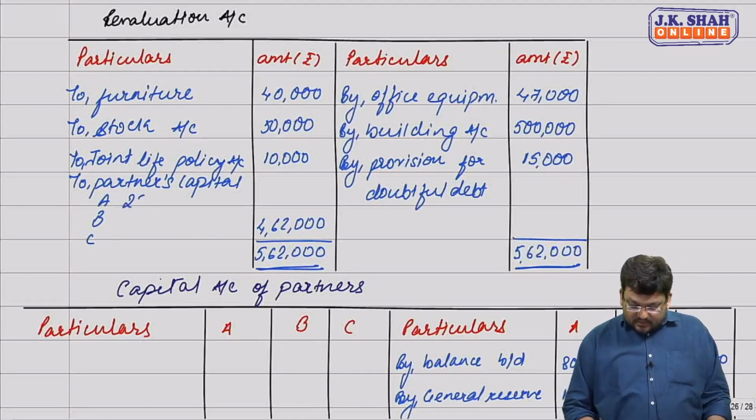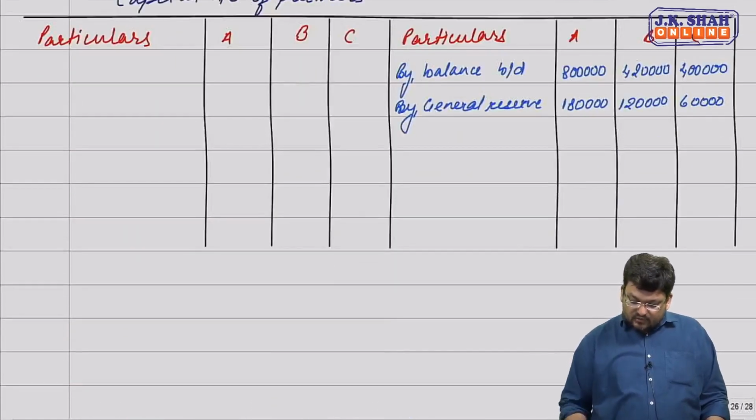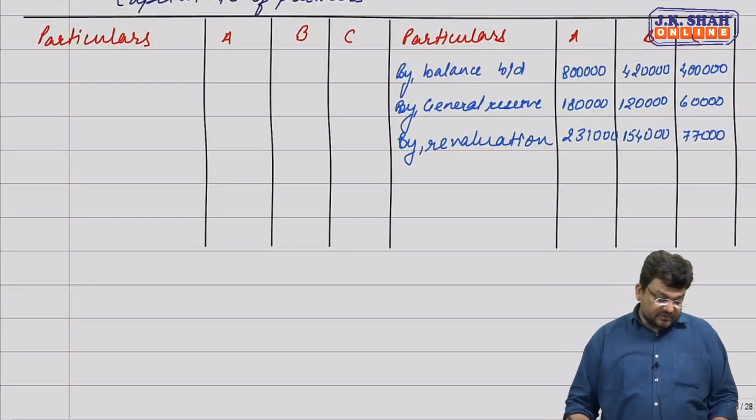So 2,31,000, 1,54,000 and 77,000 will be transferred to partners' capital. 2,31,000, 1,54,000, 77,000, correct? Yes, sir.